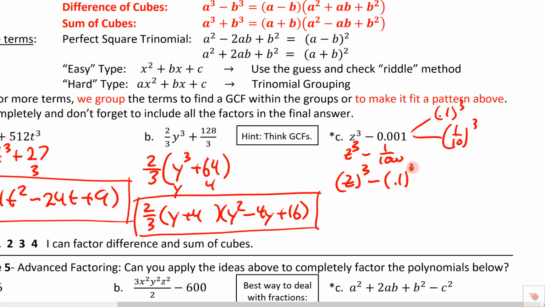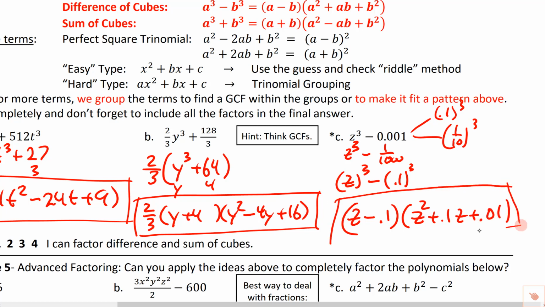And if you want to check that on your calculator, you're welcome to. So this is going to be z minus 0.1, and then the first one squared, so this is going to be z squared, plus the two of them multiplied together, so this is going to be 0.1z, and then plus that one squared, 1/10 squared is going to be 100th, so this is plus 0.01, and there we go.